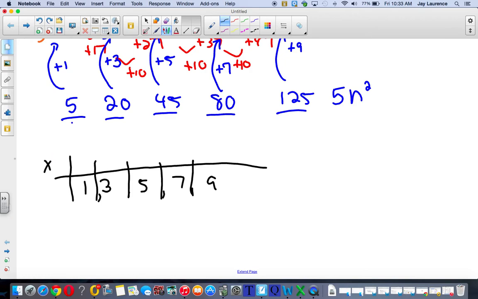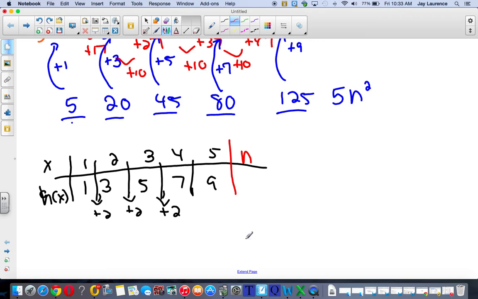So let's see here. We'll call this x, and we'll call this h of x. And there's 1, 2, 3, 4, 5. And it looks like right off the bat it's plus 2, right? So that means this part of it is linear. For the nth one, I'm going to do 2n. Do my comparison on it. We get 2, 4, 6, 8, 10, but then I have to subtract 1.